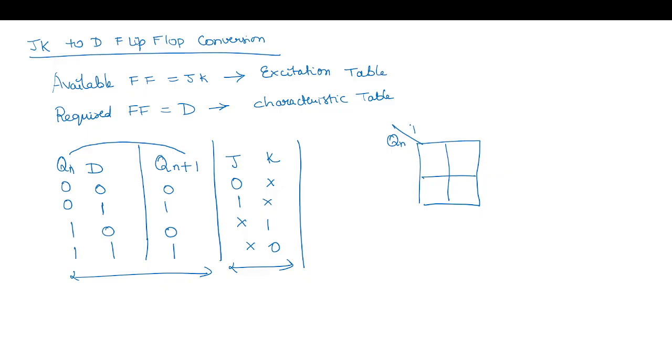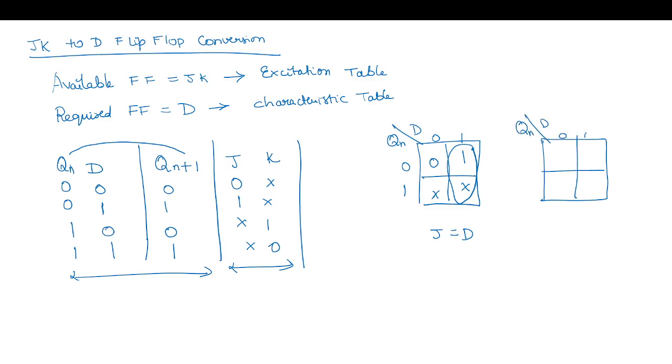So Qn and D, 0 1 0 1, that is 0 x 1 x. That means this we wrote for J. So J is equal to D. Next, Qn D, 0 1 0 1, x x 1 0. So this means K is equal to the complement of D.